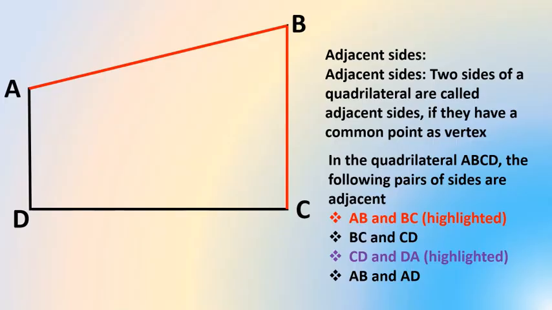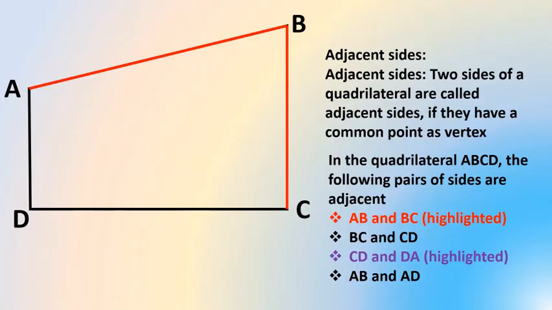It should be there in AB also, and in BC also. That vertex is vertex B. So B is the common vertex for the sides AB and BC. When I say AB and BC, you can hear B twice, right? So the vertex B is there in both AB and BC. That is the common vertex.